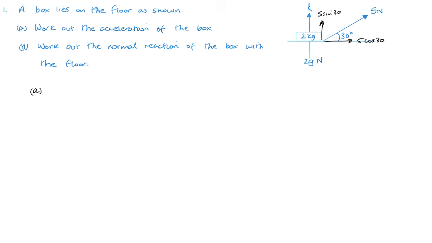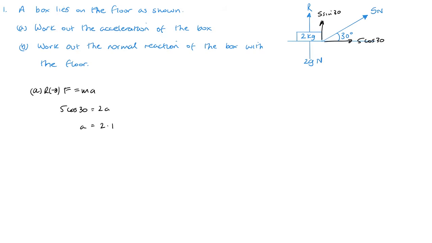So part A is F equals MA. We are resolving horizontally. The force is 5 cos 30. The mass is 2 and A is what we want to find.